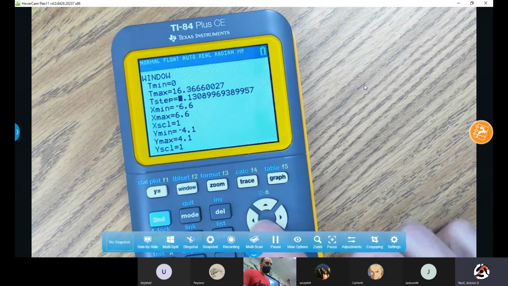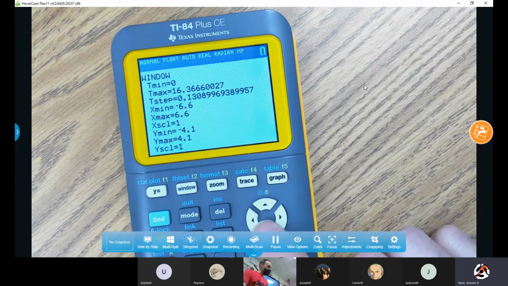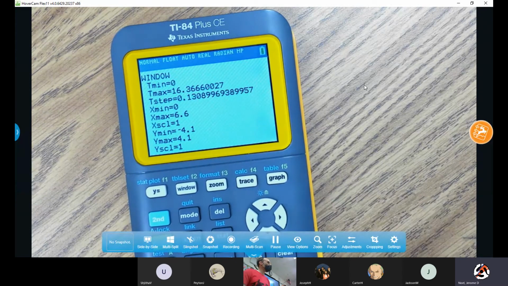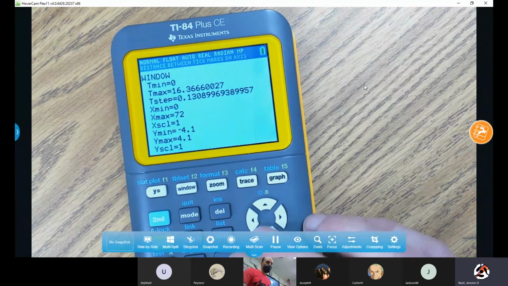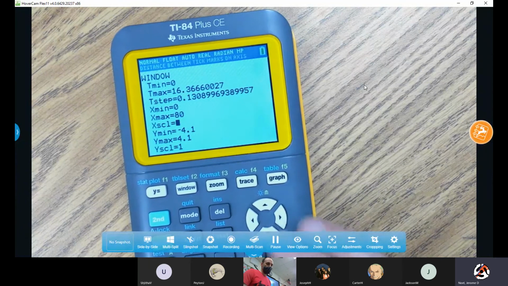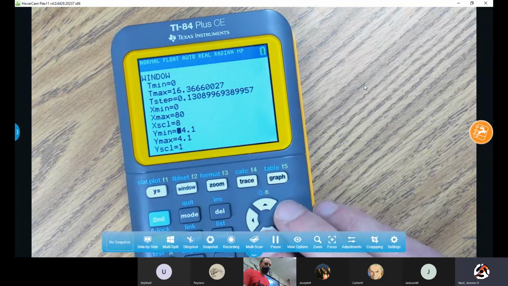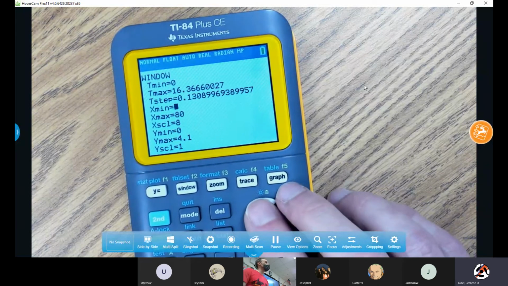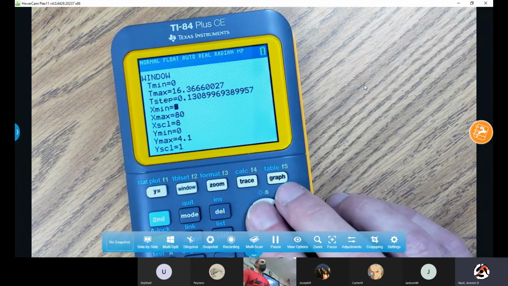The step, I'm not even going to mess with it. Our x minimum is probably going to be 0 here. And the max, remember from the graph, it was up to 70. Maybe I give it a little bit of breathing room. Let's make it 80, and then I can go up by 8. Y minimum we'll go from 0. Wait, that's not right. I had my y's and my x's.